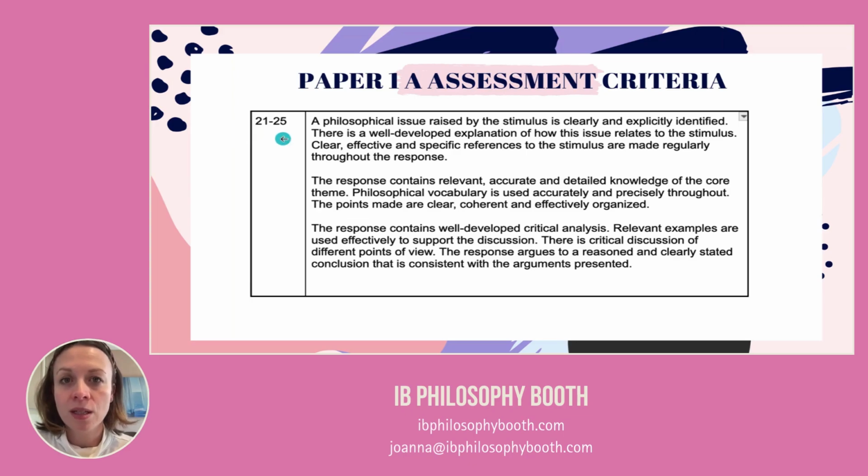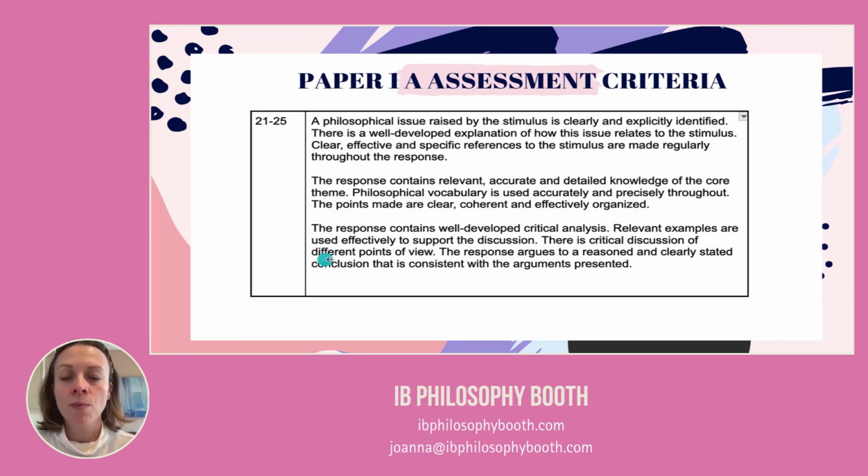So the structures I've designed are going to help show you've got a place in your essay to identify a philosophical issue and to make references to it throughout the response. Make sure there's a place for different points of view, and that you've got a reasoned and clearly stated conclusion that's consistent with your arguments.